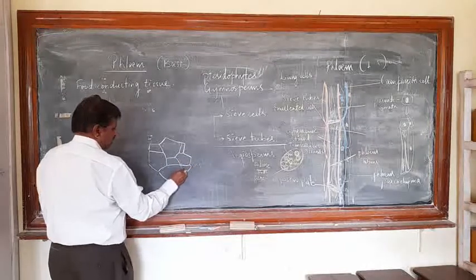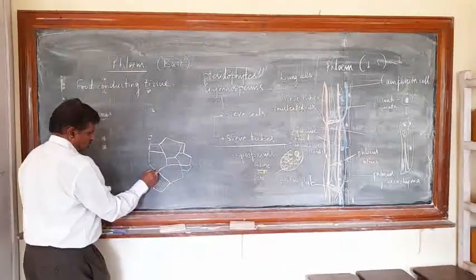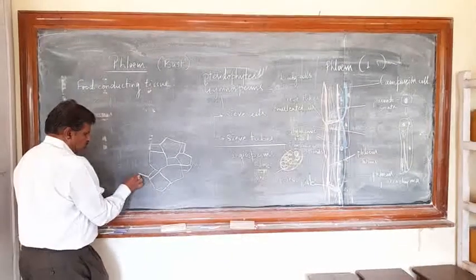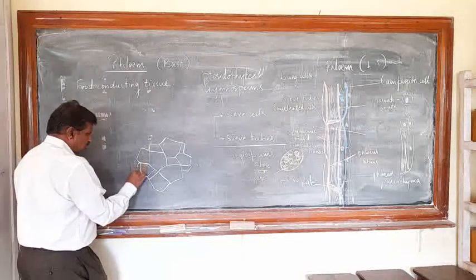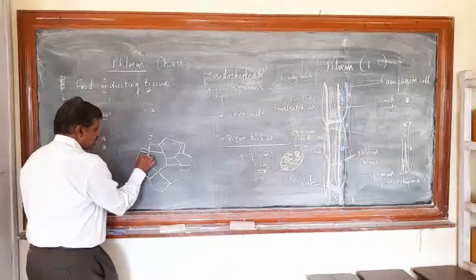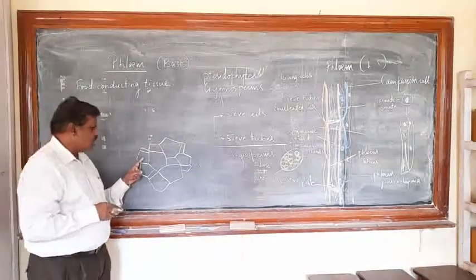First of all, you will see cells like this. The phloem tissue is characterized by the appearance of one large cell, one small cell, just like this.